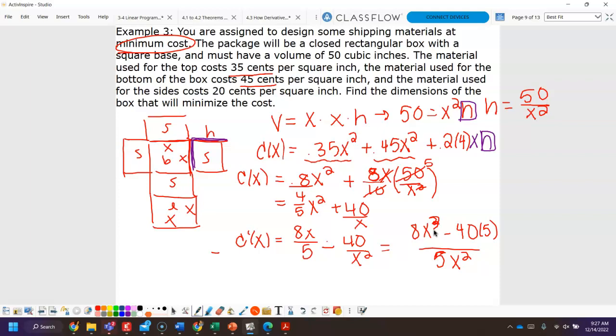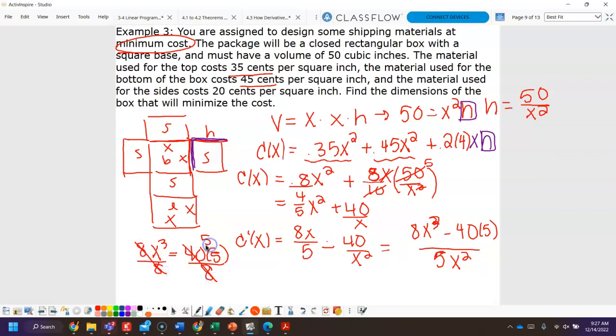So you have 8x over 5 minus 40 over x squared. So then I got x squared on both sides. I got 5 on both sides. So we know that we can't have a length of 0, so we don't have to worry about the bottom. And then I need 8x cubed to equal 40 times 5 divided by 8.